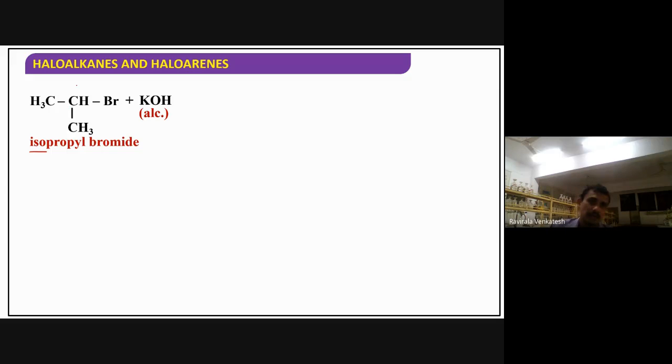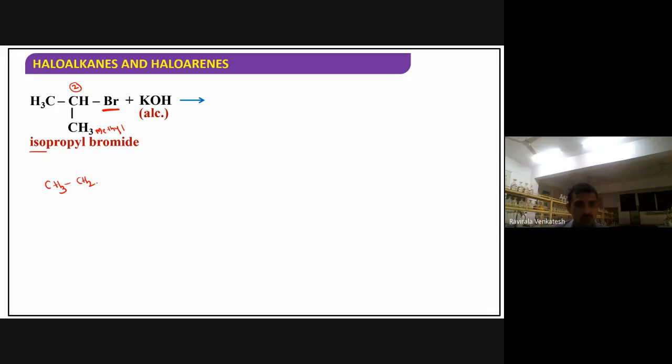On the second carbon you have a methyl, and the remaining should be a straight chain. Now tell me the name of the product here. Propene, propene only.